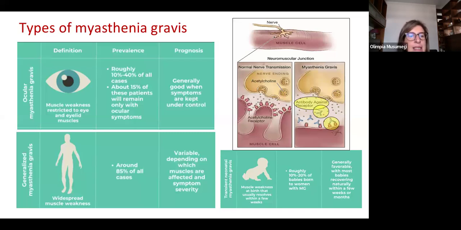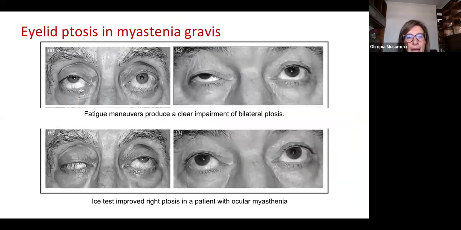And then the generalized type of myasthenia with widespread muscle weakness, with a prognosis variable depending on the disease course and the muscles affected. Characteristically, eyelid ptosis in myasthenia gravis can be reversible with the ice test, which is usually used as a first diagnostic step to distinguish a patient with myasthenia gravis.